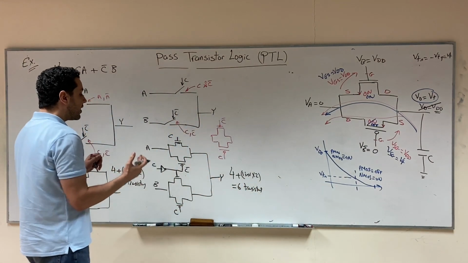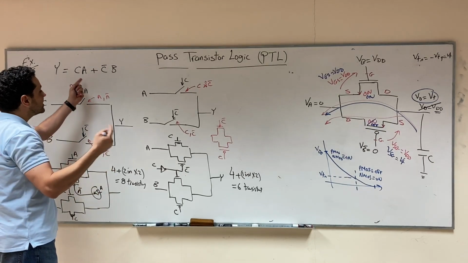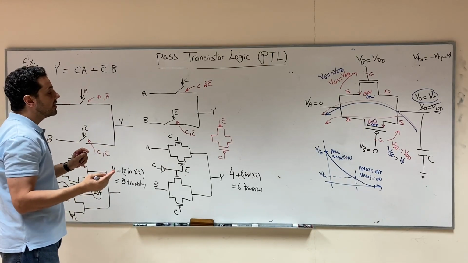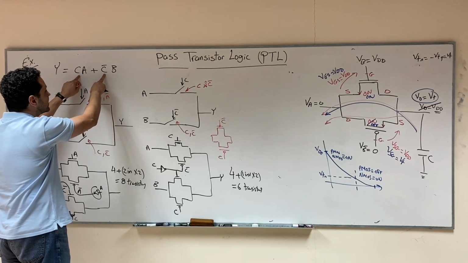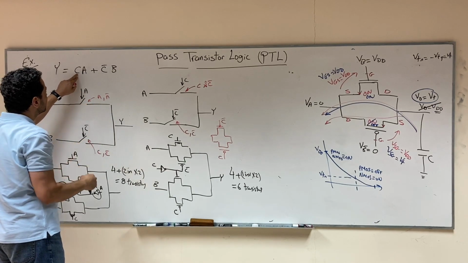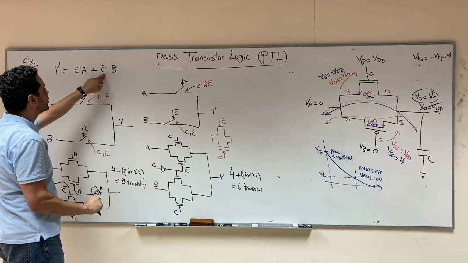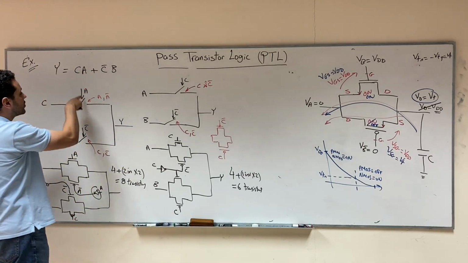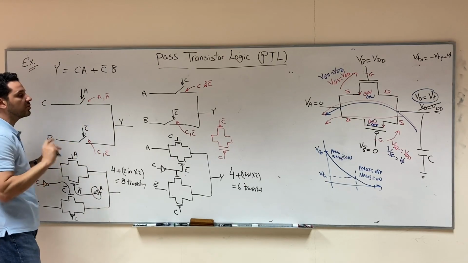So here, when we compare these 2 implementations, since we already have C and C bar in the equation, we can use C and C bar to control the switches, because already for each switch we will need to invert C, so why don't we use it to control the other switch? But if you use another variable to control the other switch, then you need to invert the other variable too and add one more inverter.